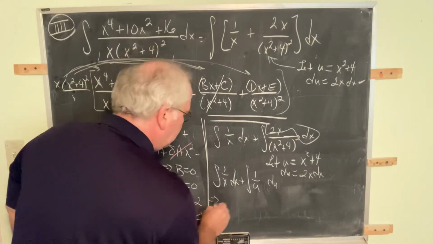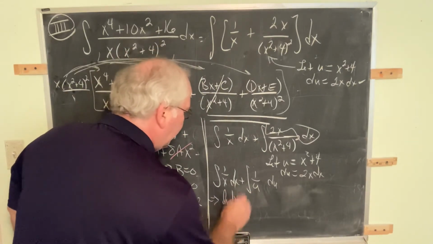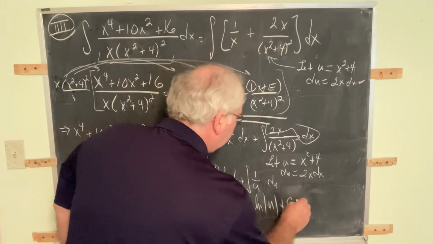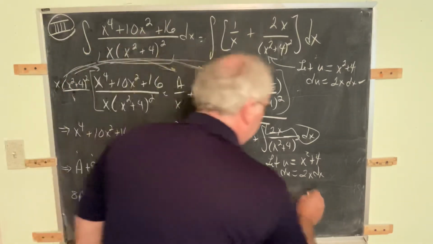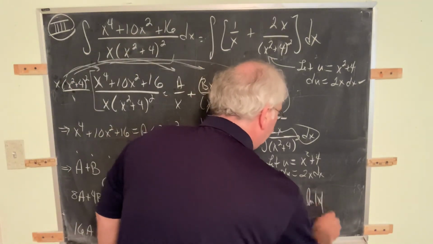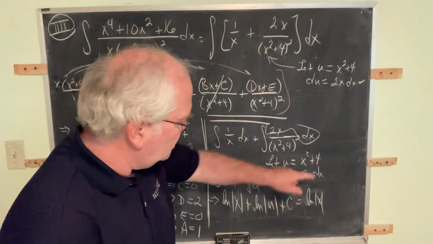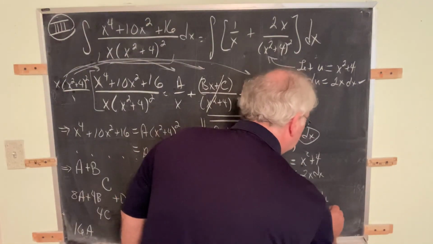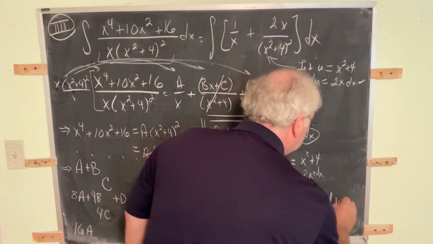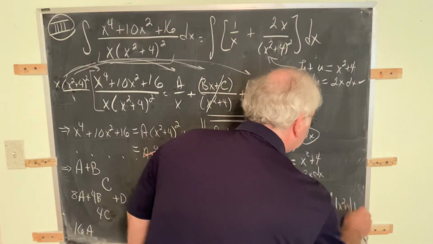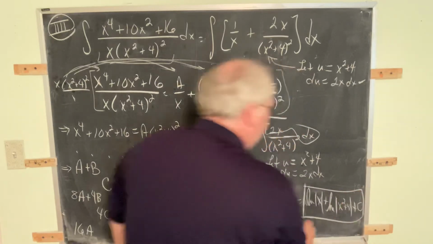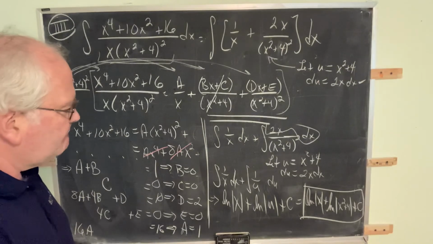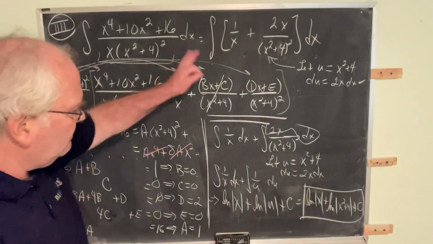So this is natural log of absolute x plus natural log of absolute u, which gives us natural log of absolute x. What was u? u was x squared plus 4. And I believe that's what we're looking for. I think that's the final values here.